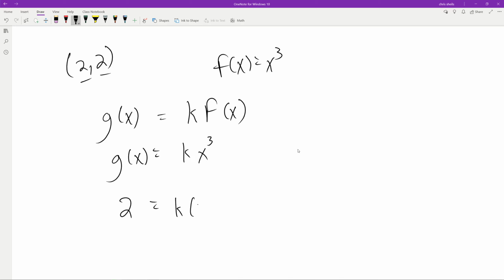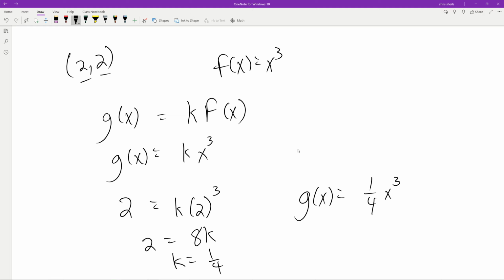I'm plugging 2 in for x because I had an x value of 2 at this point. This gives me 2 equals 2 cubed is 8, so this is 8k. If I divide both sides by 8, I get that k here is 1/4. And so the graph we looked at was the graph of g of x equals 1/4 x cubed.